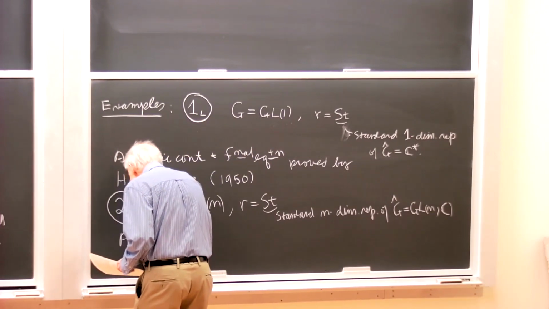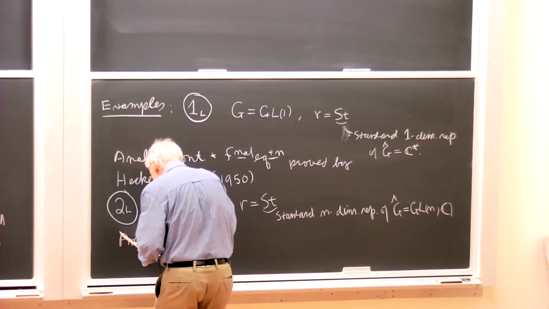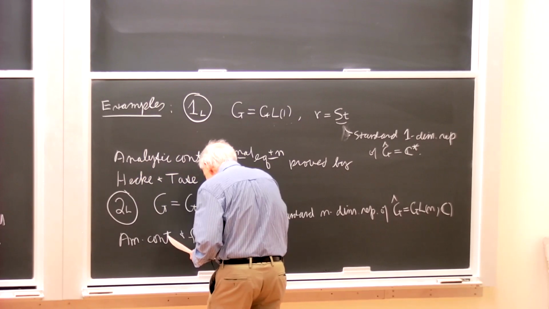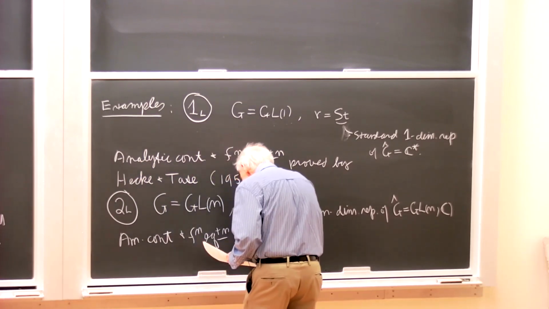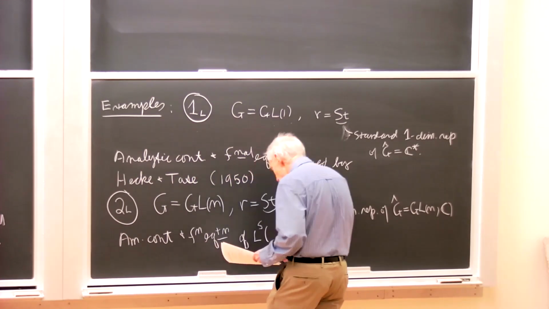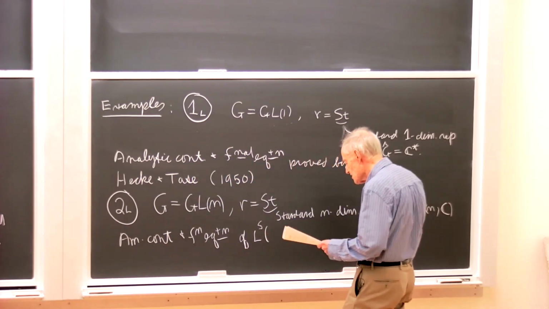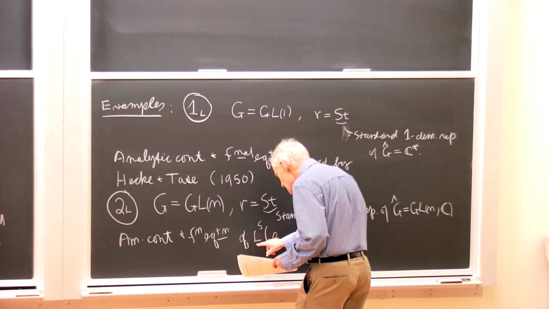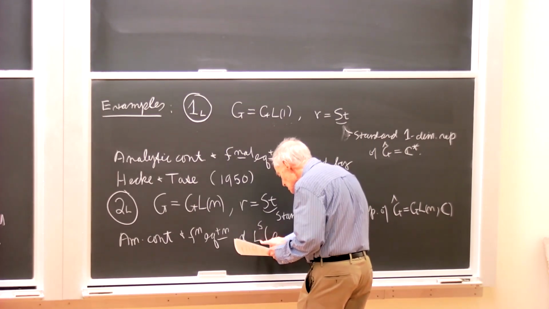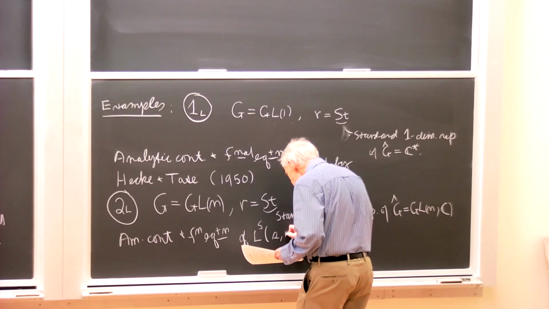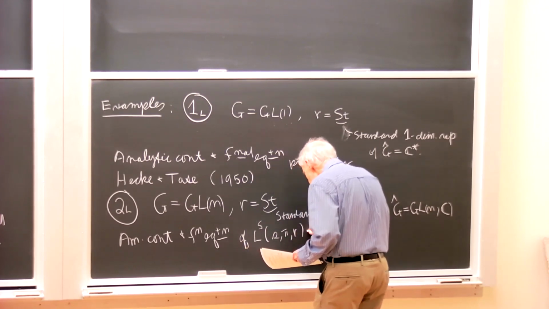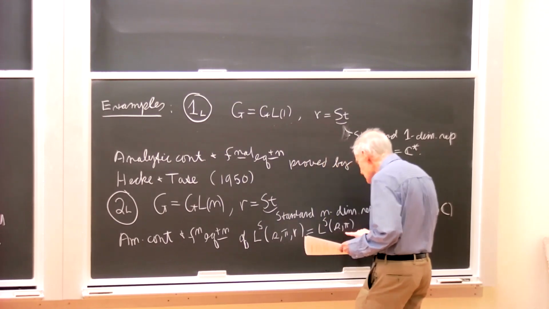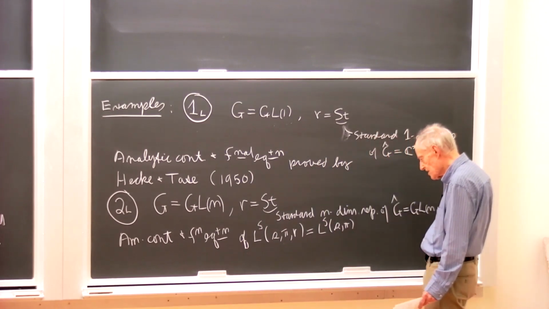Analytic continuation and functional equation of L_S, and in a better form where the local constituents are also put into this at the bad primes S, but in particular analytic continuation and functional equation for L_S(pi, R), so R being the standard representation, and that's usually just written as L_S(pi) because the data already sit in GLN(C).